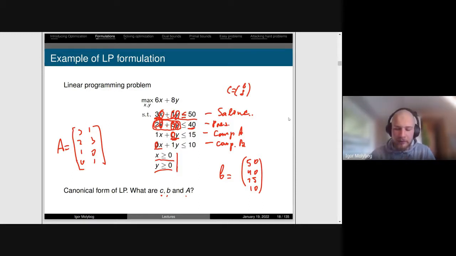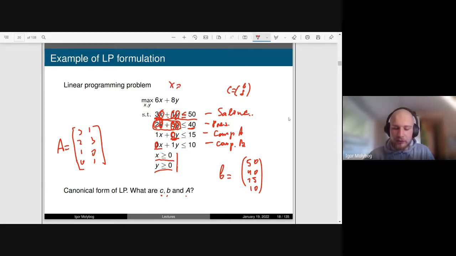X is not the amount of milliliters, but X is the amount of units of vaccine. So the number of vaccines A, and Y is going to be the number of vaccines B. And then you can put here a multiplier, or actually you can even leave it like this.